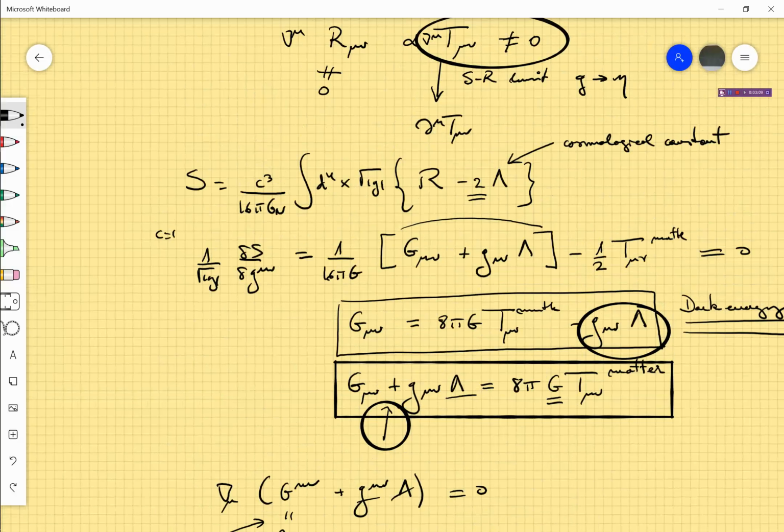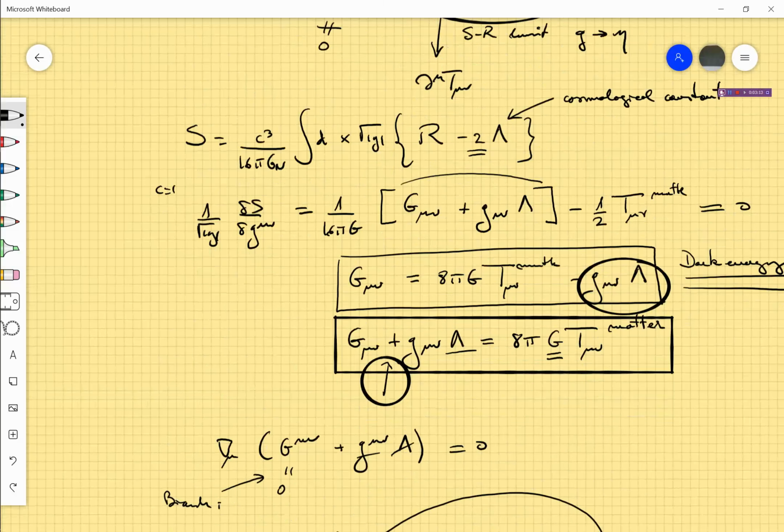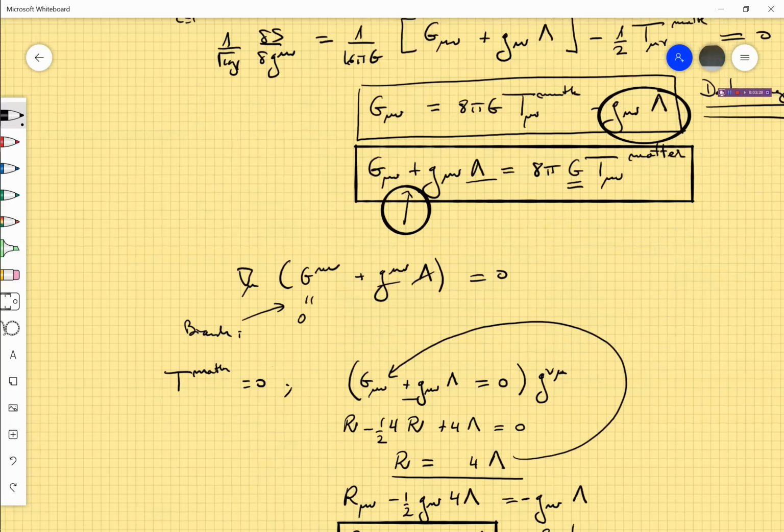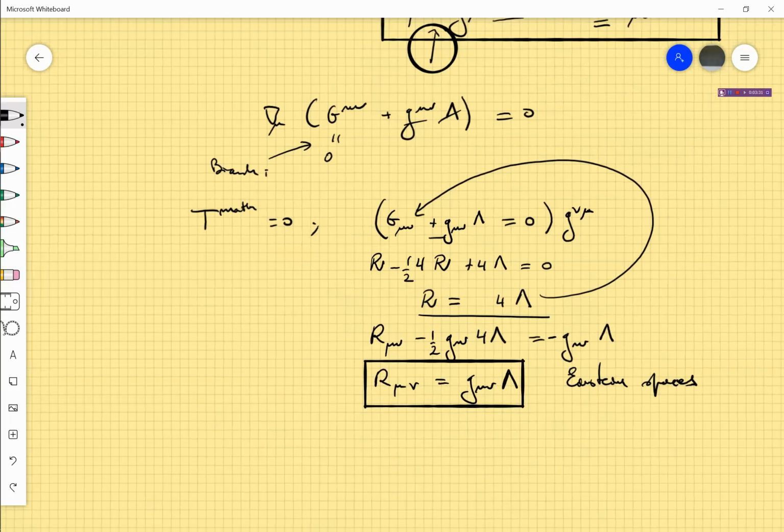If you were in d dimensions, forgetting about the fact that this constant should change, it should be something else, then what you have to write here is d minus 2. And then you arrive at the same equation with this normalization, and you also get, just taking the trace of this, you recover R equal to d lambda over d minus 2.